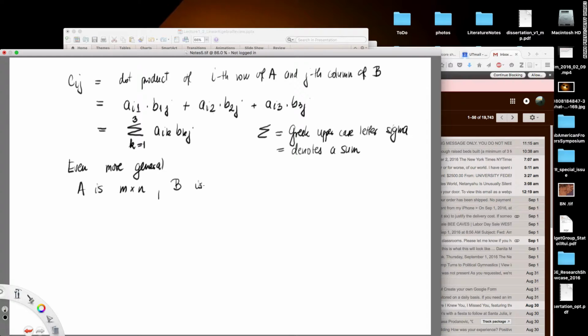B is an N by L matrix. So if C is equal to AB, what is going to be its dimension? First thing I check is, yes, these inner dimensions are matching. They're both N. So then my result is an M by L matrix.